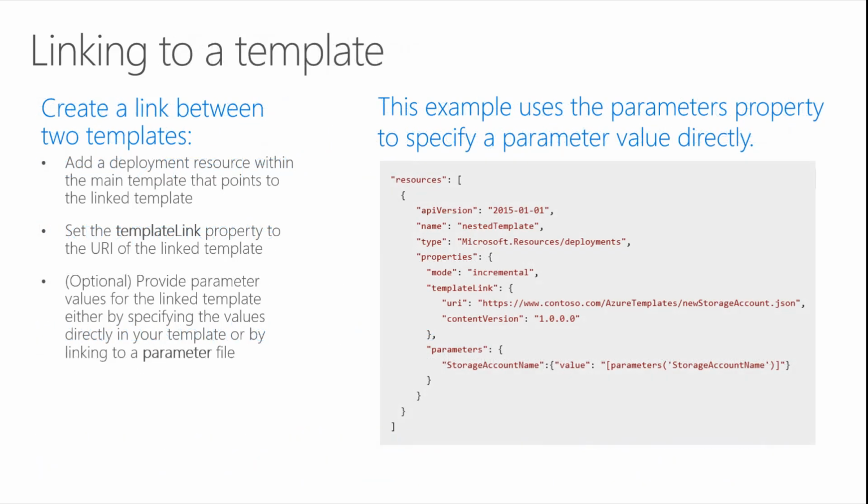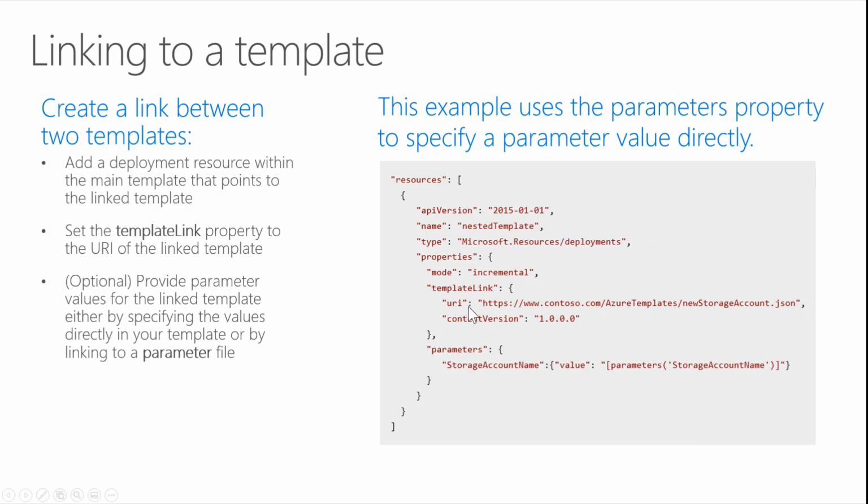In this example, it uses the parameter property to specify a parameter value directly. When we create a link between two templates, we add a deployment resource within the main template that points to the linked template. We set the template link property to the URI of the linked template.